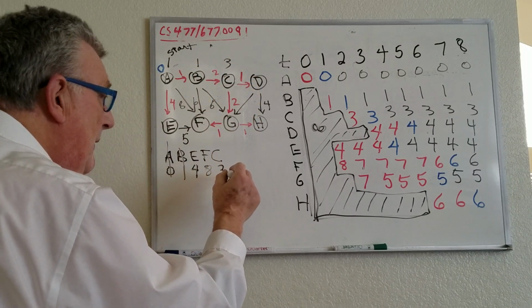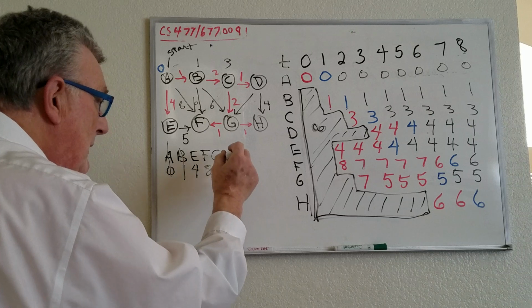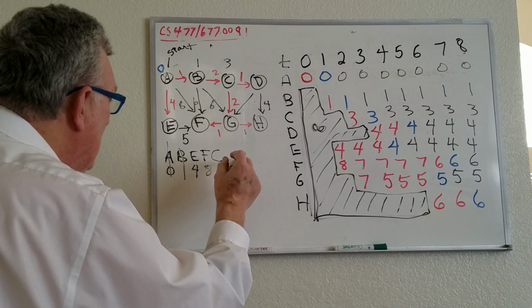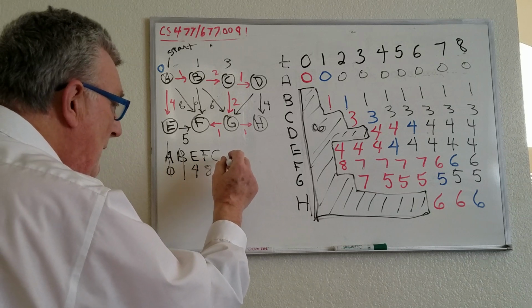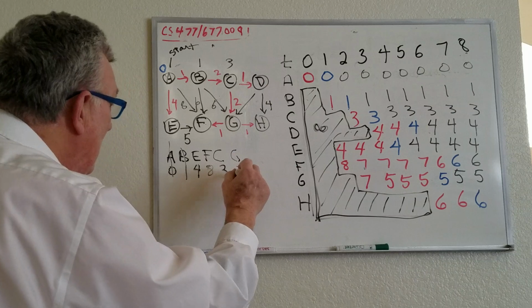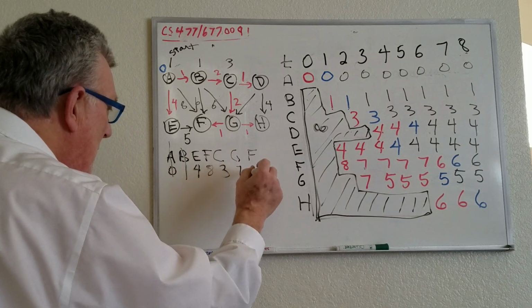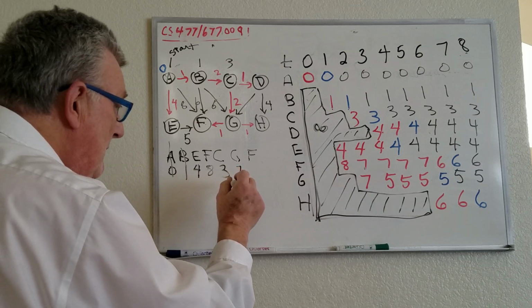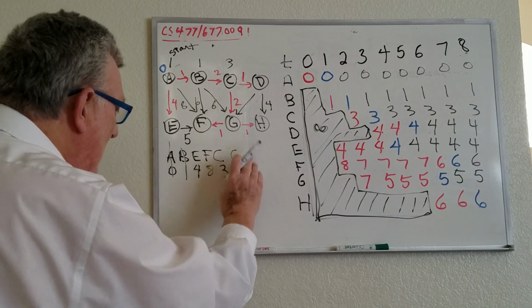And then after C we have G, which is 1 plus 6, which is 7, and F. F is updated.